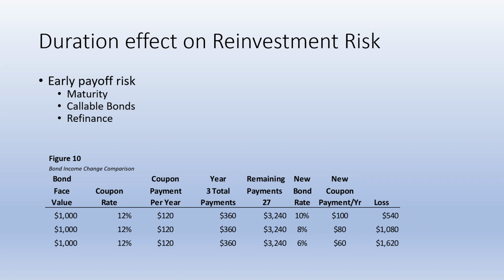If the coupon rate were 8%, then when the bond was redeemed, the loss in income increases to $1,080. If the market rate is 6%, then the remaining 27 coupon payments result in a loss of half of the remaining payments on the original bond for a loss of $1,620.